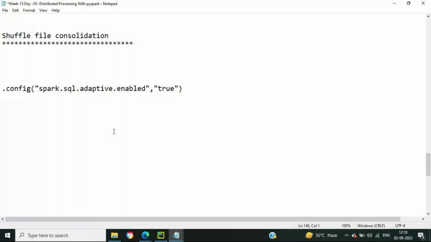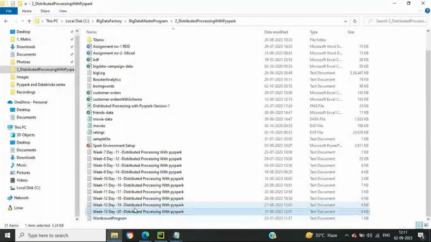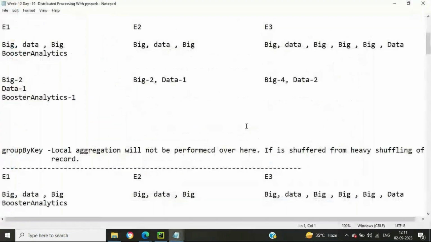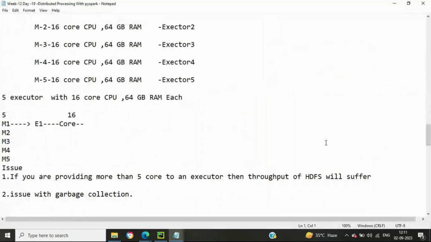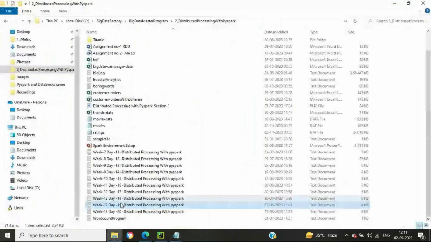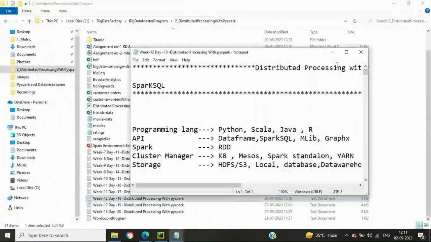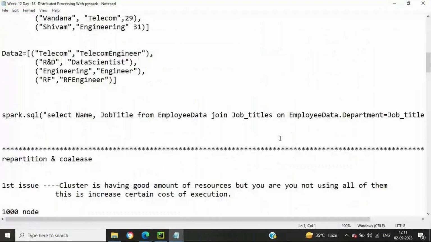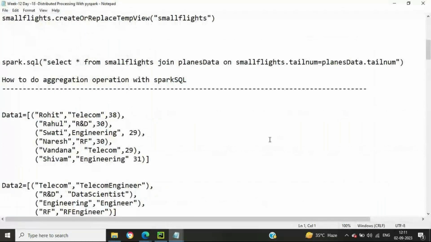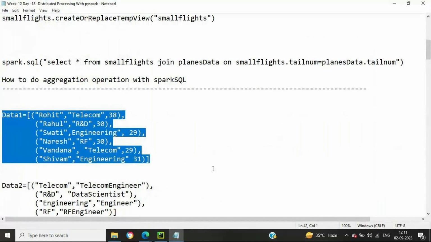Okay, so say we are having certain data. I'm asking something. Just have a look at the data. Okay, so say we are having this particular data.